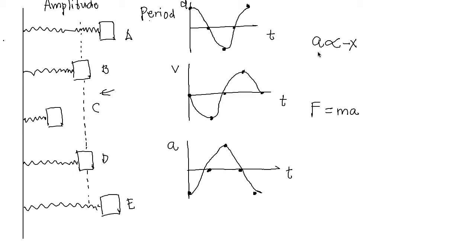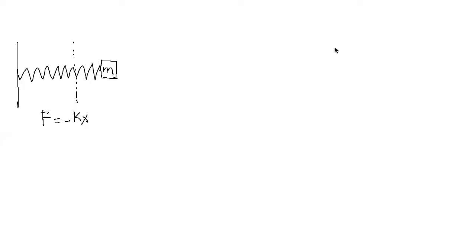We have discussed that if we are using a spring, the magnitude of the tension force is F equal to negative kx. And this is also what we call Hooke's law. Let's have a quick review of this Hooke's law.